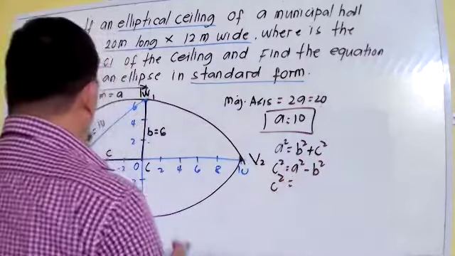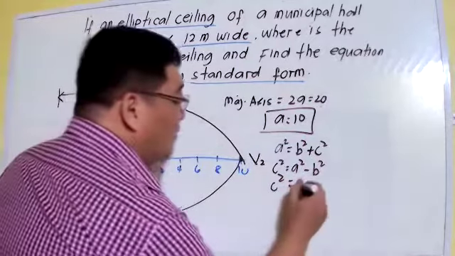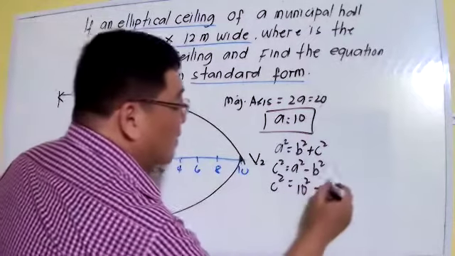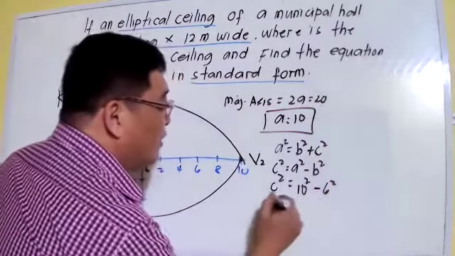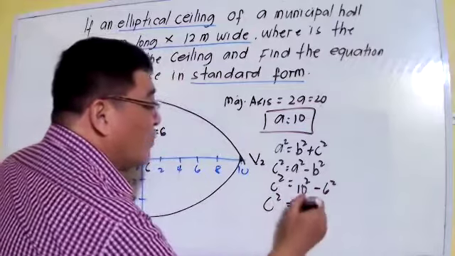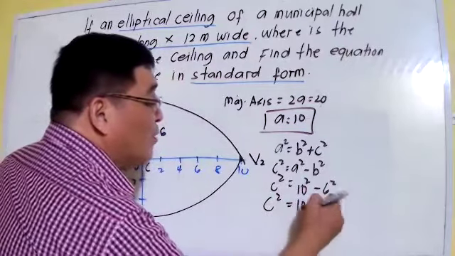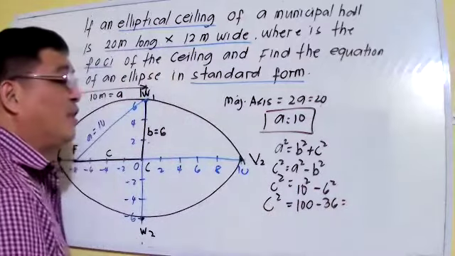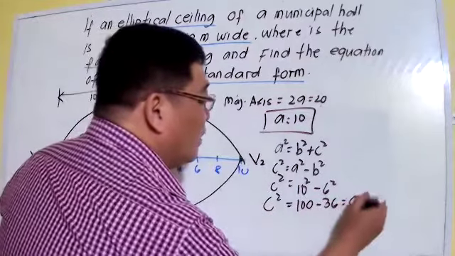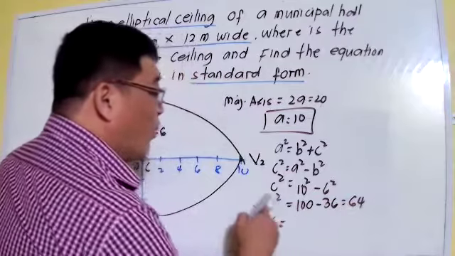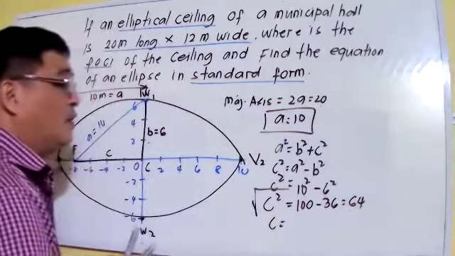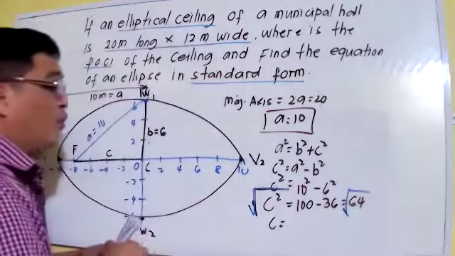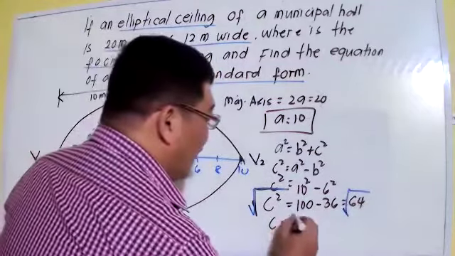A is 10, 10 square, minus b is 6, 6 square. So you have c square is equals to 100 minus 36, we have 64. And c, square root of 64, you have c is equals to 8.